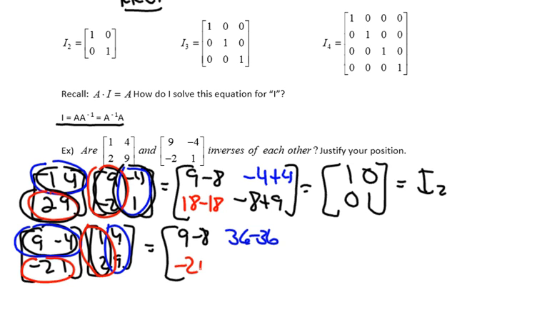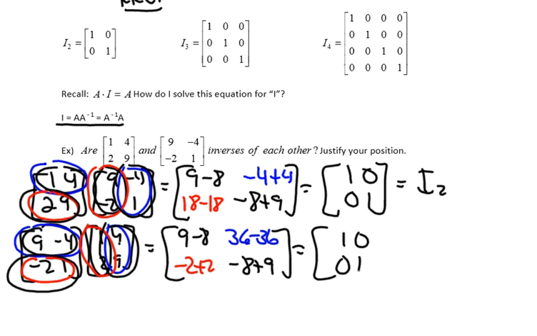Negative 2 plus 2. And we've got negative 8 plus 9. So simplify. And again, we have the 2 by 2 identity matrix. So we know then they are inverses.